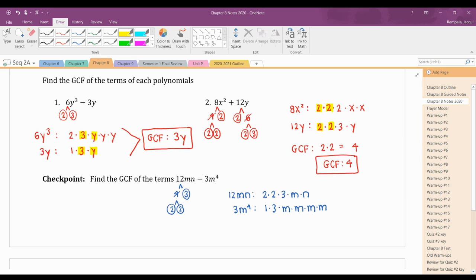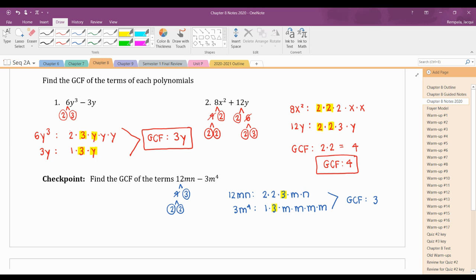So if I start looking at my numbers, I see a 2 on the top, but I don't see a 2 on the bottom, so I can't highlight that first 2. Same thing with the second 2. It's on the top, but it's not on the bottom, can't highlight it. The 3 on the top has a 3 on the bottom, so that gets highlighted. Because there are no other numbers, I know that my GCF has 1 pair of 3s. So 1, 3 is what they have in common.